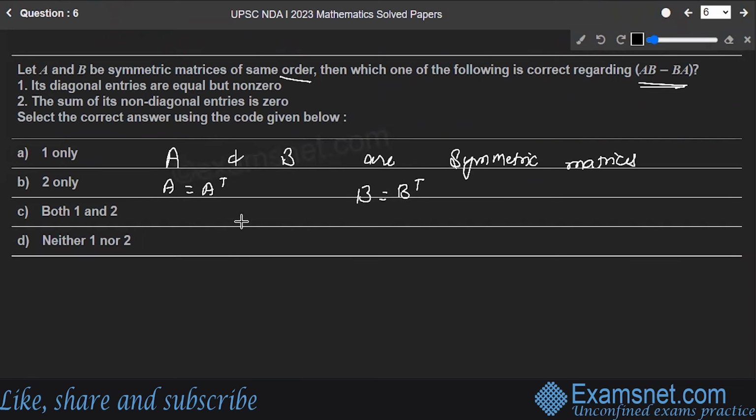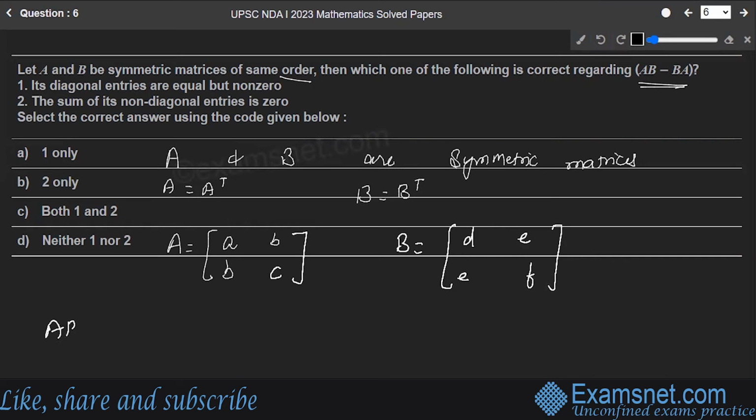That's why they are symmetric matrices. So to solve the question, I'll assume any matrix. A will be written as [A, B; B, C], and B can be written as [D, E; E, F].